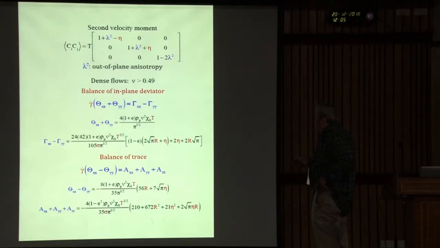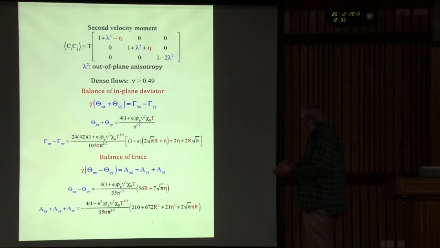Capital C is the fluctuation velocity, and we're in principal axis coordinates here, and you see that eta characterizes the difference of the in-plane fluctuations, and lambda squared is the out-of-plane anisotropy, and it really doesn't enter into the calculations that we'll be talking about. And as I said, I'm going to focus my attention on dense flows, volume fractions greater than 49%.